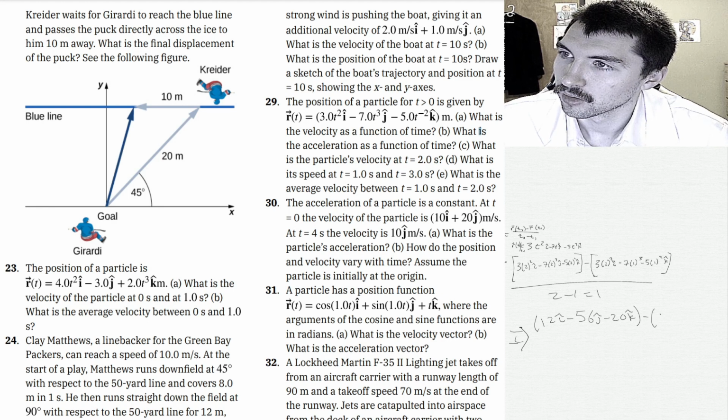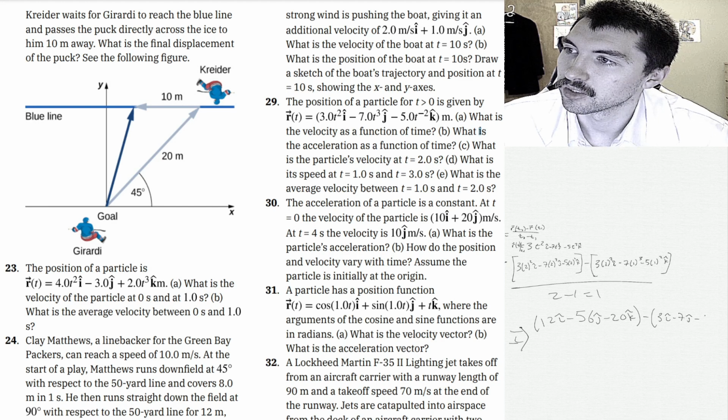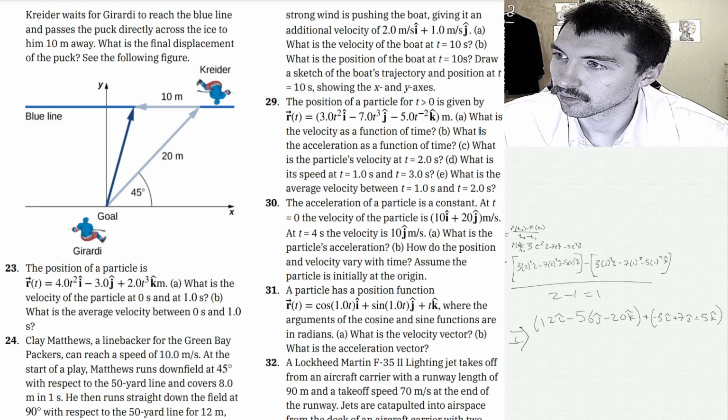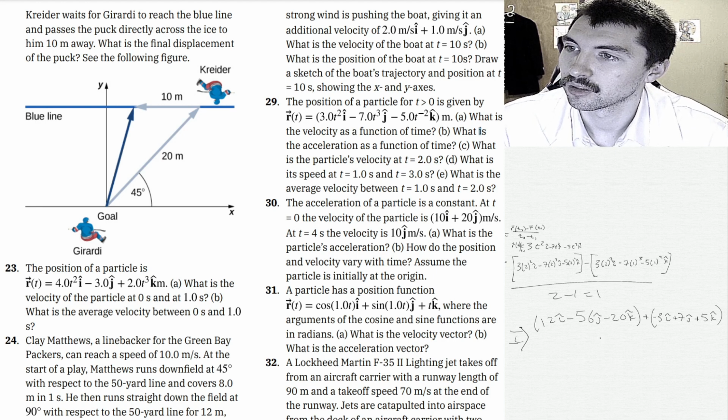Minus 3i minus 7j minus 5. Okay, so I'm going to go ahead and distribute the negative sign.